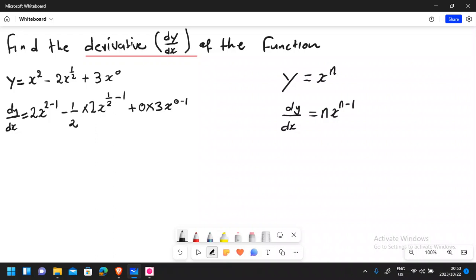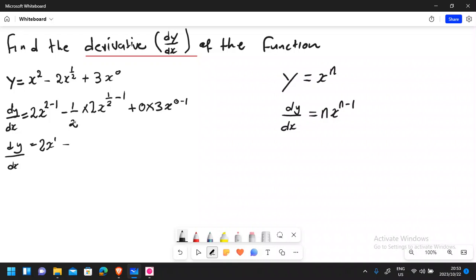So let's continue. Our dy over dx, by the way, is going to be, now this is going to be 2. What is x? It's going to be x to the power of 2 minus 1, so this is going to be 1, and then we come to this one, minus.